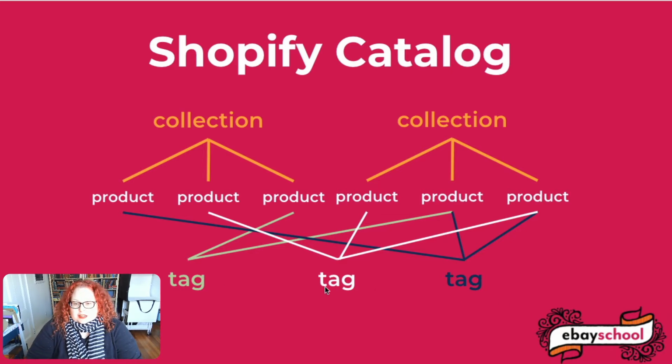So as you see in my little diagram I drew, tags can work irrespective of collection, or you could say, in this collection I subdivide things further by color or size or date and whatever taxonomy you can think of, only use a certain tag in a certain collection. Or they can cross collections. They can be through your whole catalog.